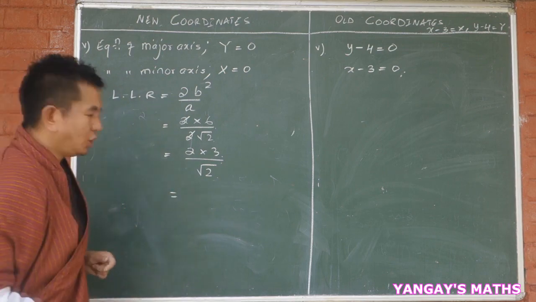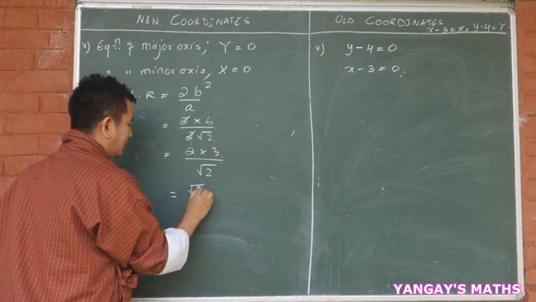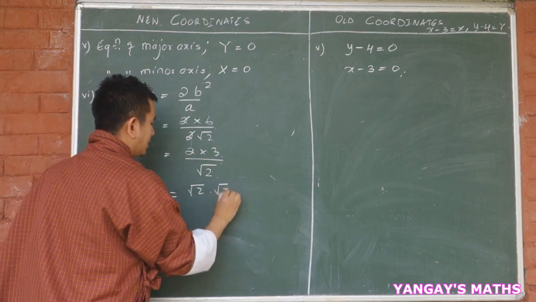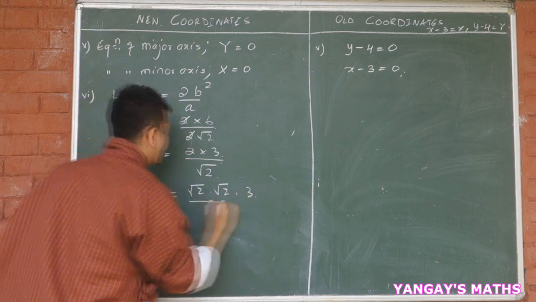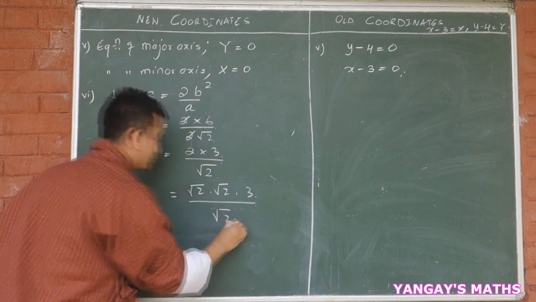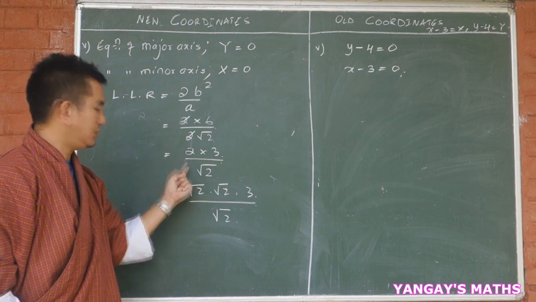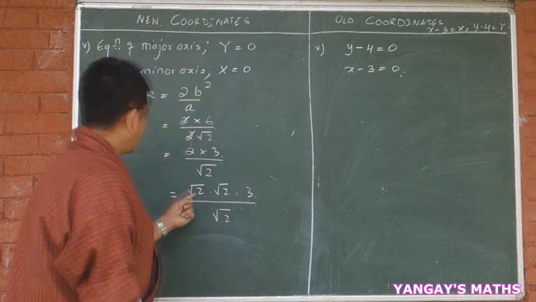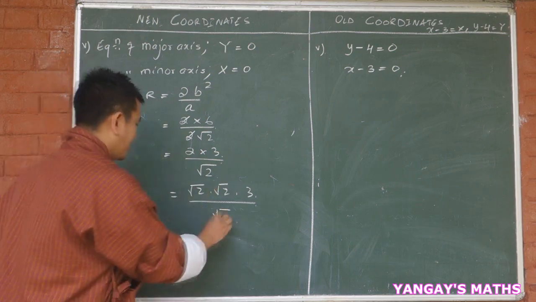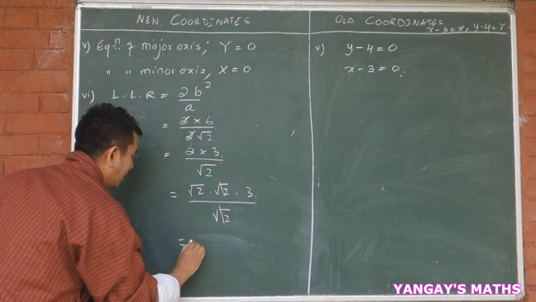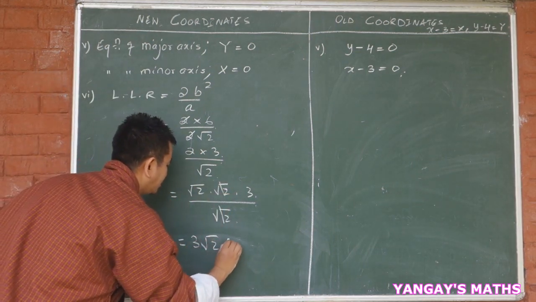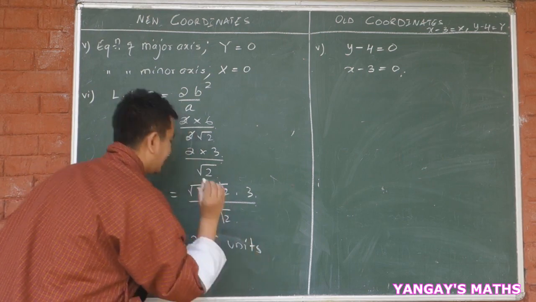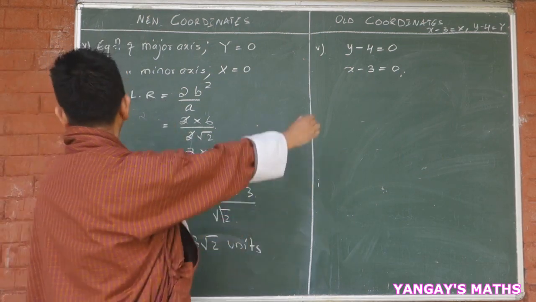In case of 2, I can write root 2 times 3 divided by root 2. Root 2 times root 2 is root 4, what's the root 4 value? 2. Meaning root 2 will get cancelled, which is 3 root 2 units. This becomes the length of latus rectum.